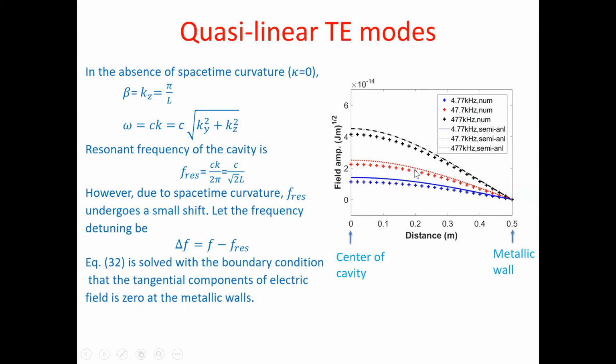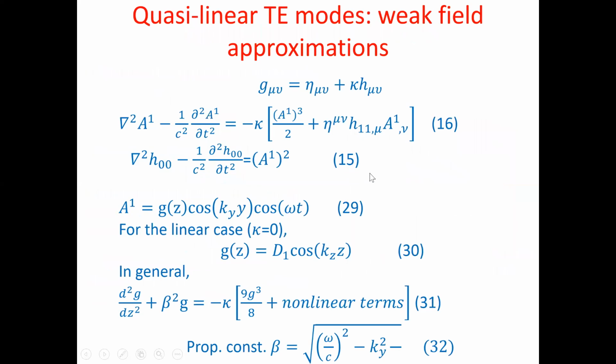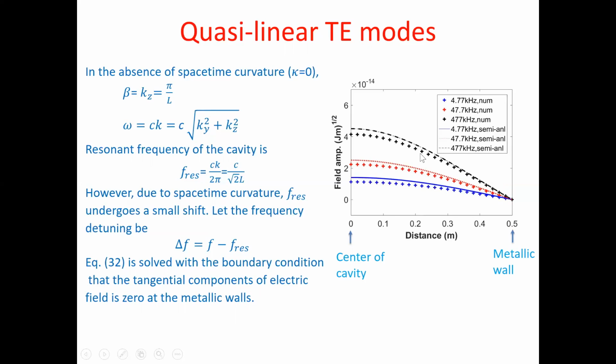And plus in this figure shows the numerical simulation of equation 15 and 16 by using the finite difference scheme. The agreement is quite good, although there's a small discrepancy.